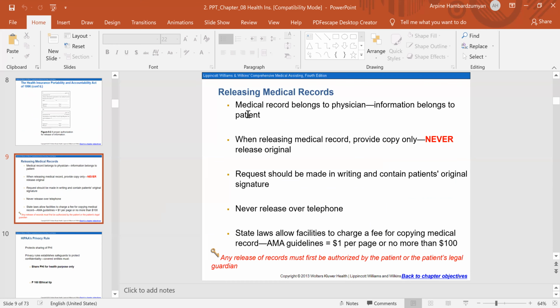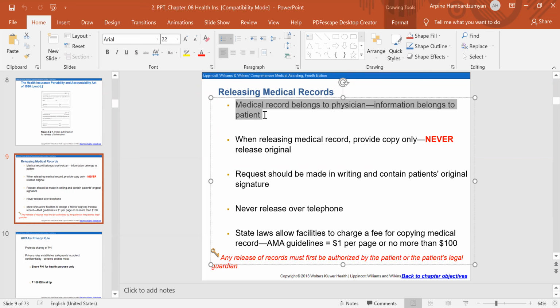So the medical record belongs to the physician, the information belongs to the patient. What does it mean? It means the papers and the files that are in your computer, which contain patient information, belong to the doctor. But the information that is written inside belongs to the patient, who has the right to obtain a copy.